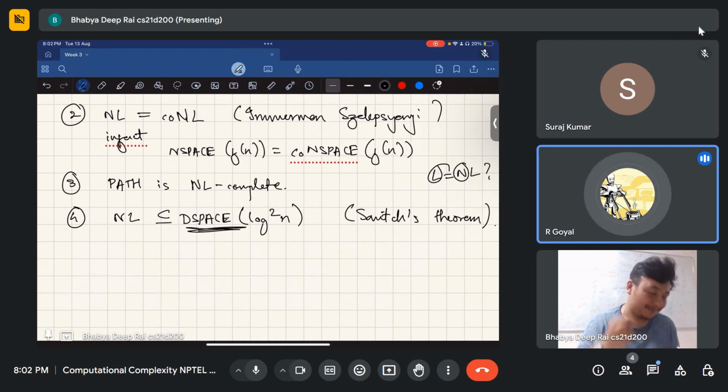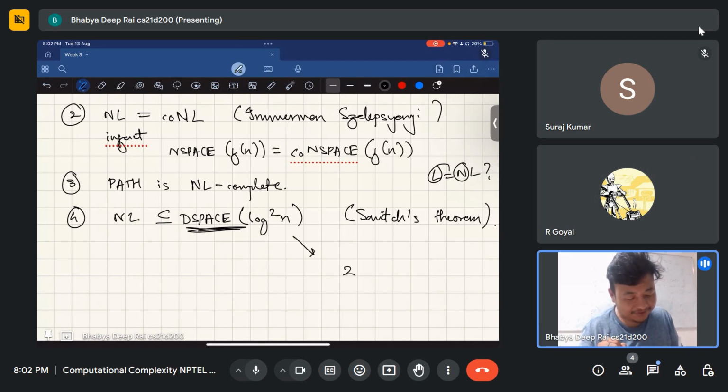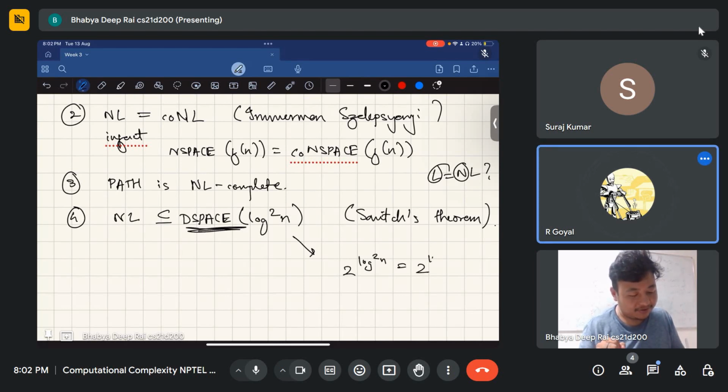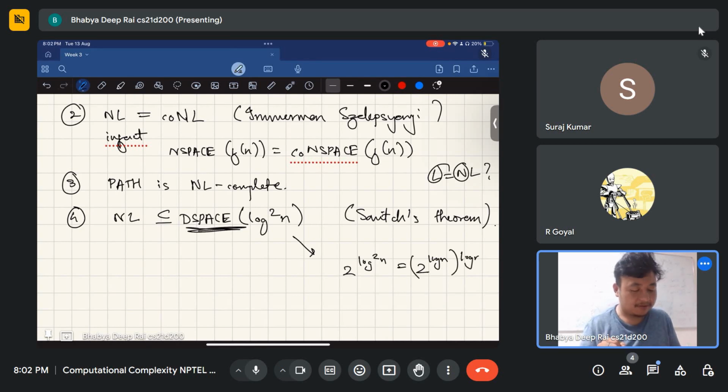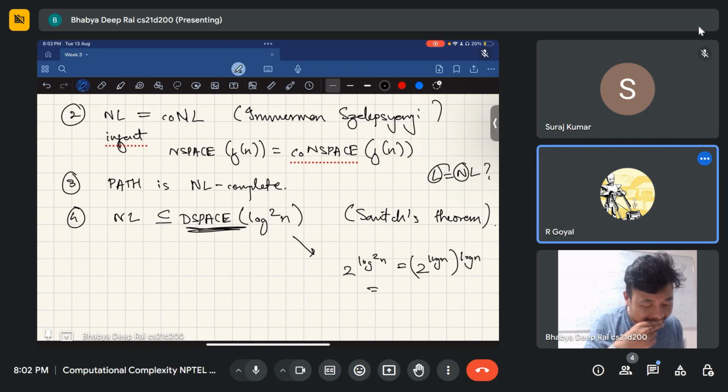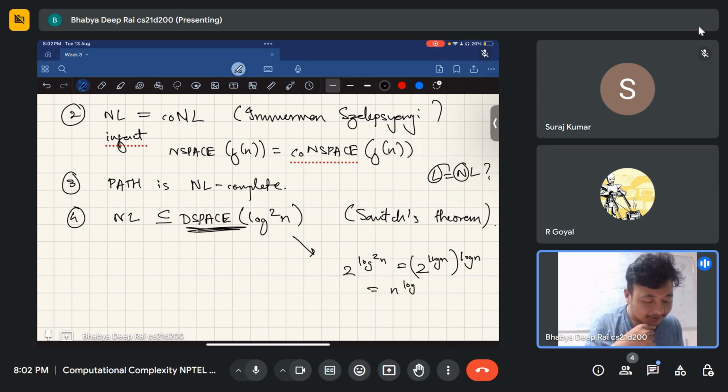Are you sure? Let's try. 2 raised to the log square n. What is this? 2 raised to the log n times log n. Correct. This is n to the log n.